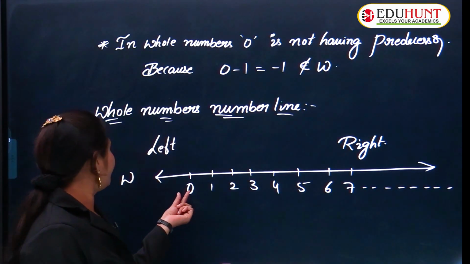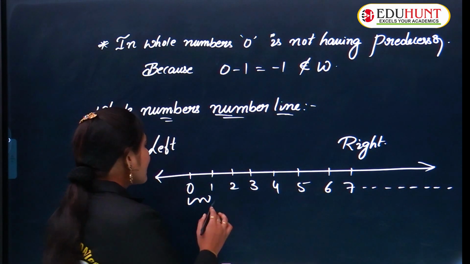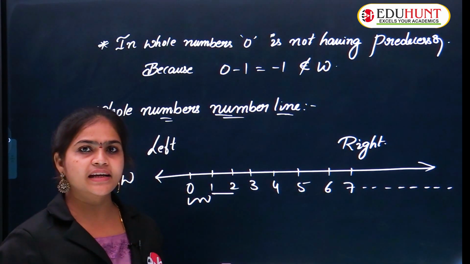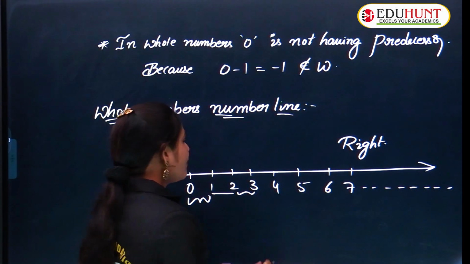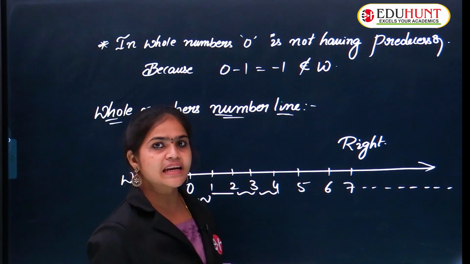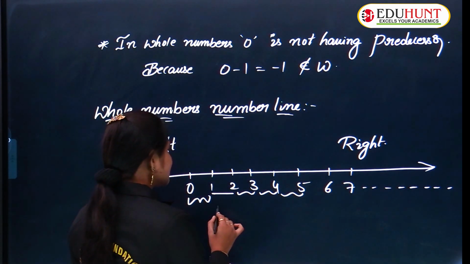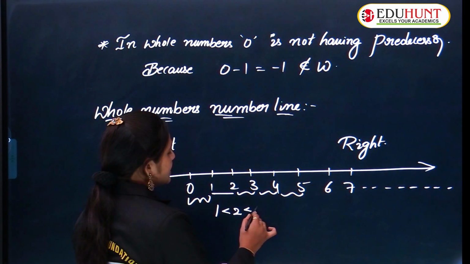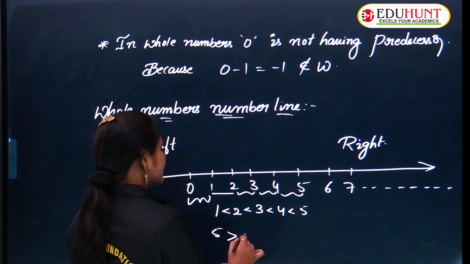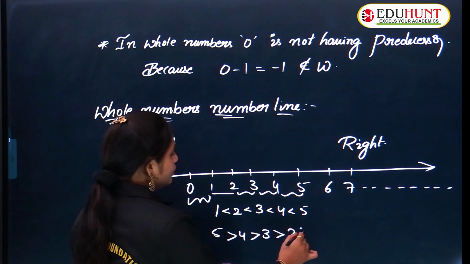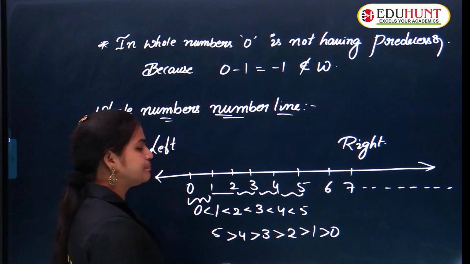When you compare 0 and 1, which one is greater? 1 is greater. 1 and 2? 2 is greater. 2 and 3? 3. 3 and 4? 4. 4 and 5, 5 is greater. That means 1 is less than 2 is less than 3 is less than 4 is less than 5. In reverse order, 5 is greater than 4 is greater than 3 is greater than 2 is greater than 1. In the same way, 1 is greater than 0, and 0 is less than 1.